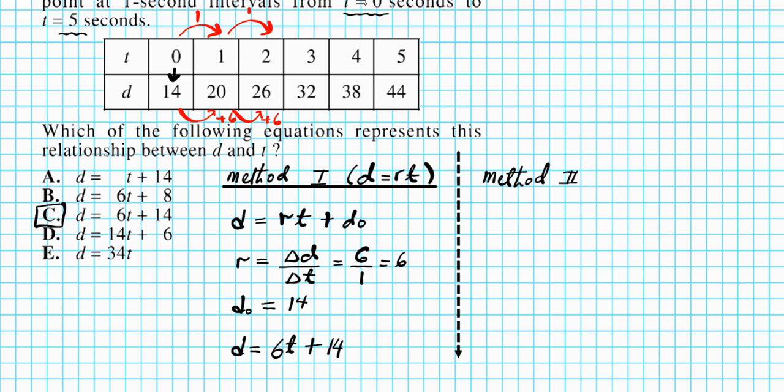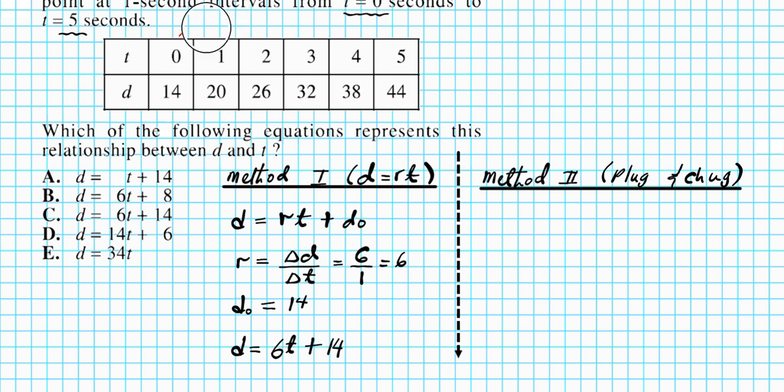What on earth is that? Well, plug and chug simply involves substituting the values of t and d into each equation and seeing which one results in a true statement. So we're basically working backwards, testing the answers using the question to see which one works.